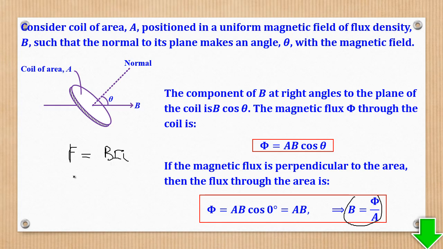The second one was from F equal to BQV, where I make B the subject. The third one comes from flux equal to AB, where I make B the subject. So there are a number of ways of defining magnetic flux density.